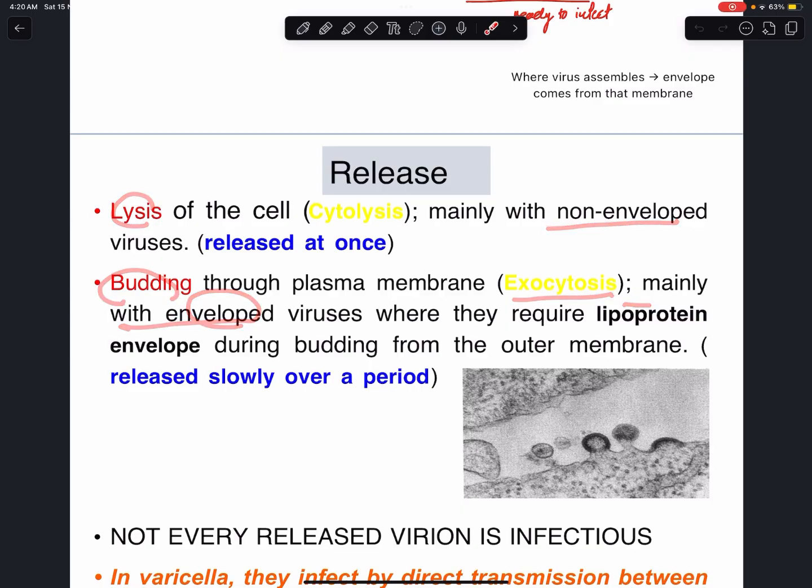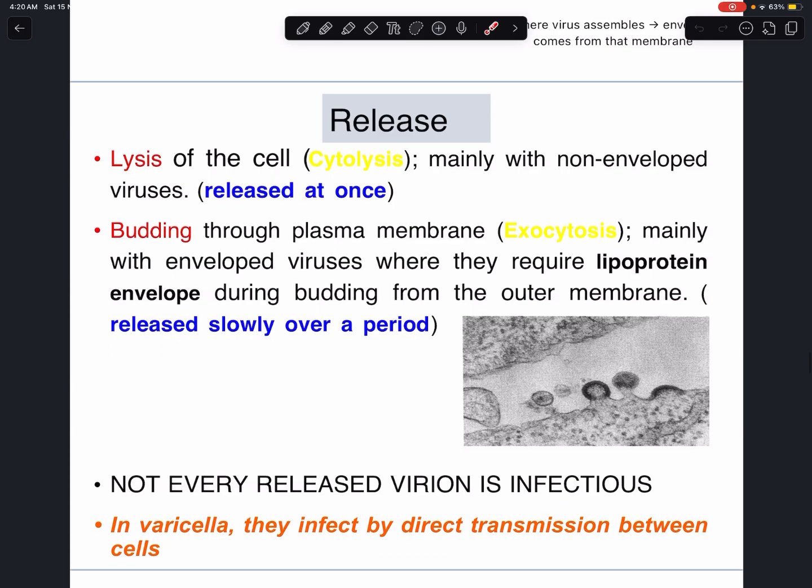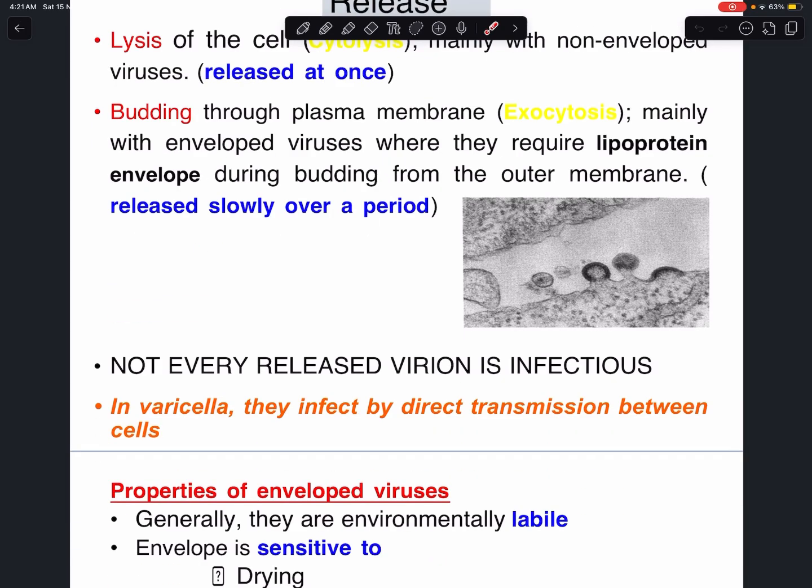Budding is for the enveloped viruses, where they require lipoproteins enveloped during budding from the outer membrane, released slowly over time. This is how it's released. Lysis for non-enveloped, it's released at once. Budding for enveloped, released slowly over time.